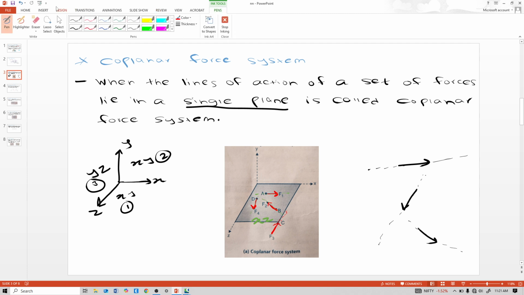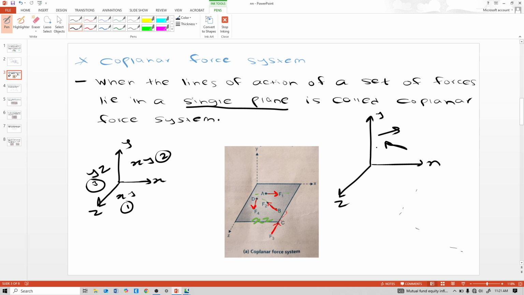Other way, see, if this is the x-axis, this is the y-axis, and this is the z-axis, and forces are acting here, this is also a coplanar force system. Why is this a coplanar force system?